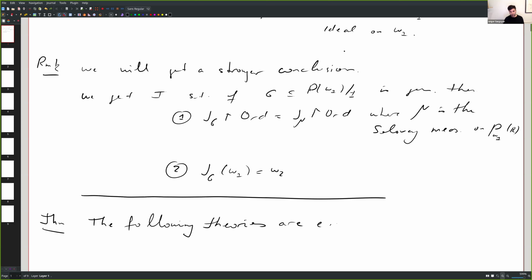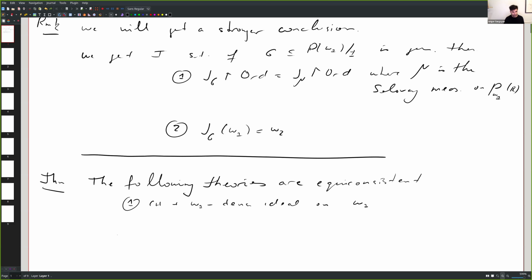One is CH plus there is an omega 1 dense ideal on omega 1, and 2 is AD_R plus theta is regular, right?